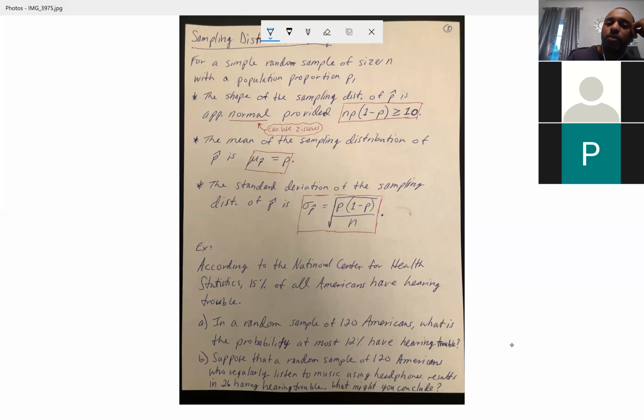If that relationship holds true, that means our distribution is normally distributed.